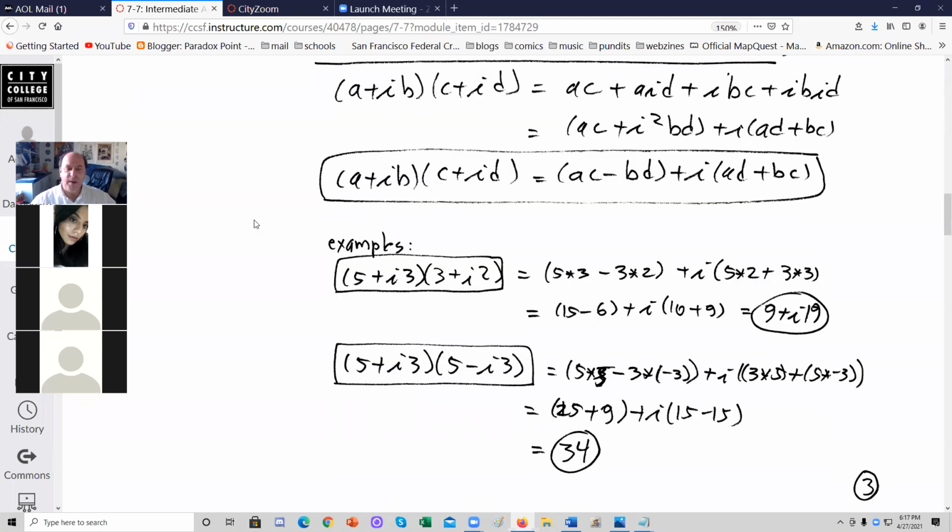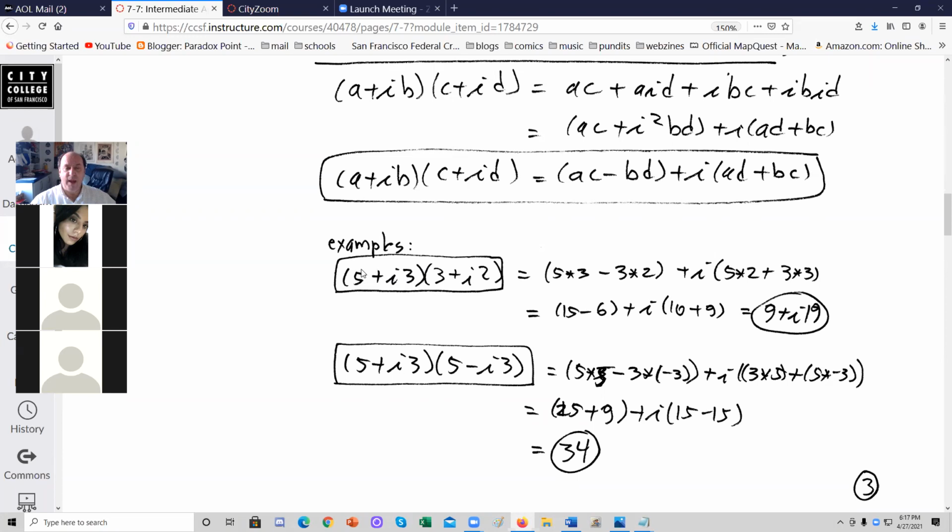So we do an example. 5 plus i3 times 3 plus i2. I prefer putting the i in front because I personally think that i is more like a sign than a number, plus, minus, i. Although you'll often see it as a plus bi.